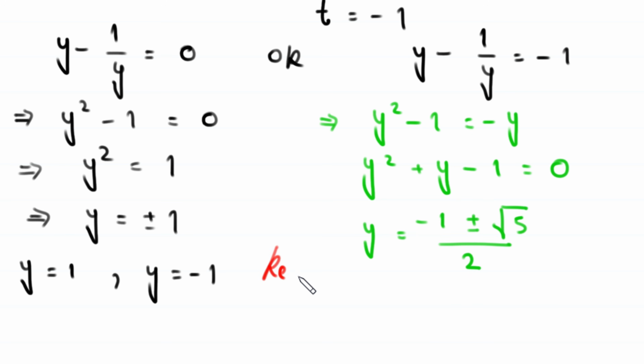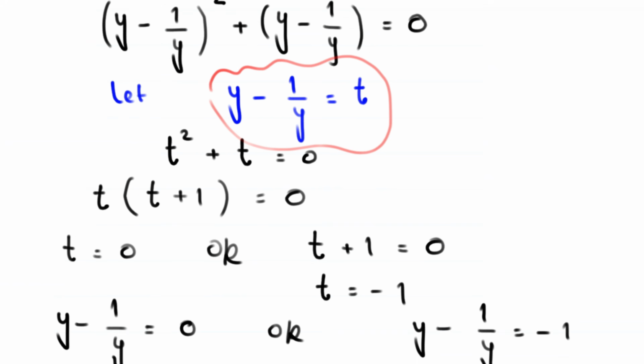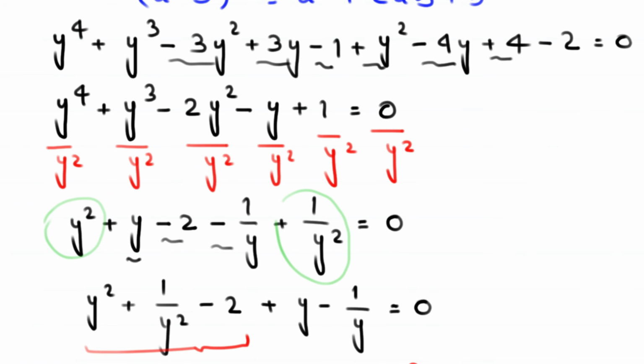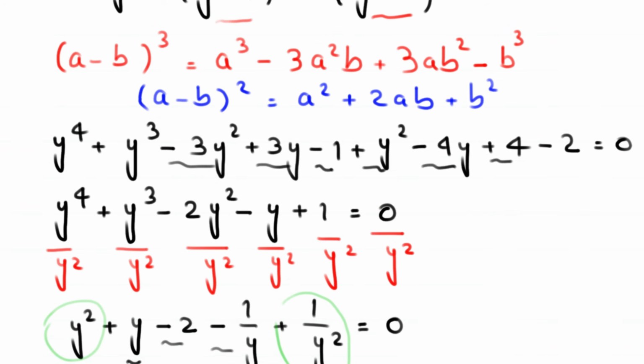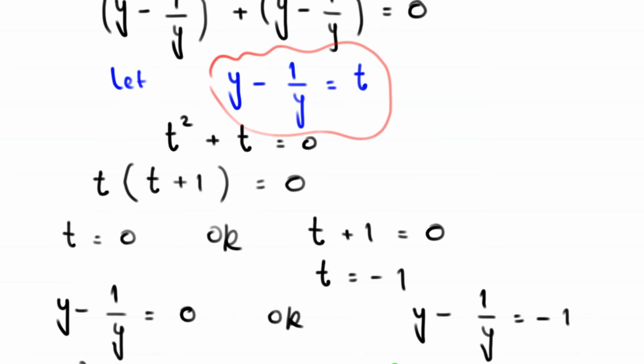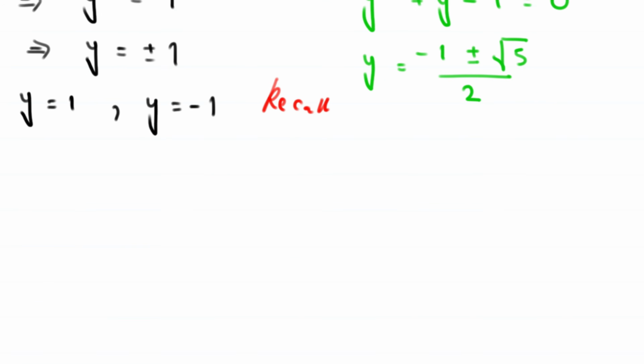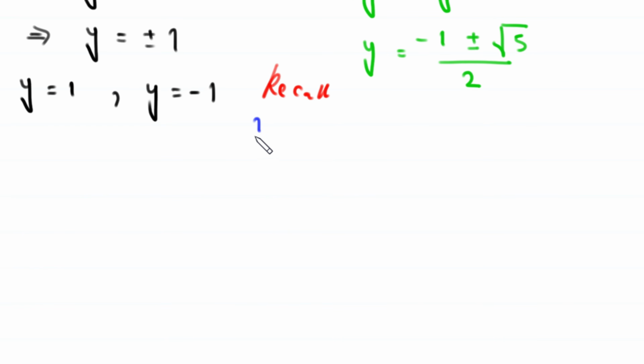Now recall that we have supposed 1 over x minus 2 equal to y.